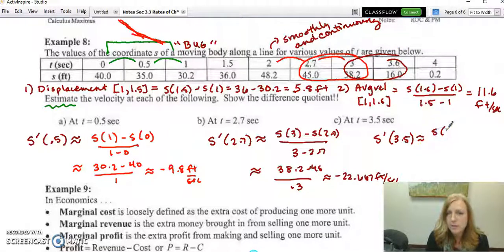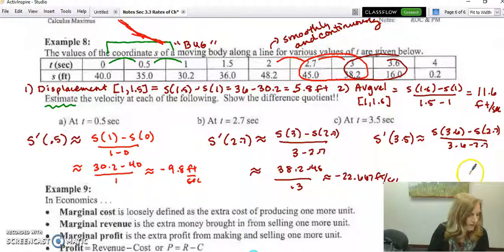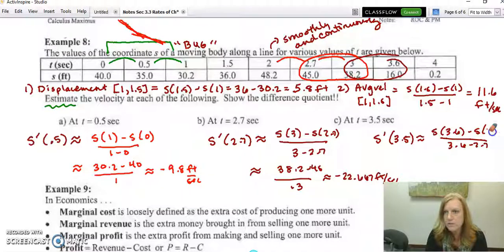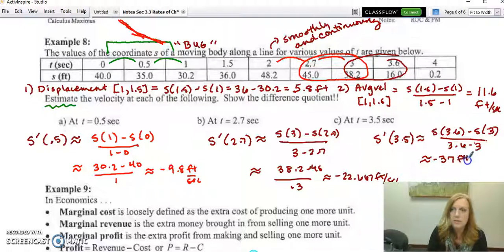We'll do S of 3.6 minus S of 3 over 3.6 minus 3. Making all sorts of errors on this one. In calculating that one, this ends up being approximately negative 37 feet per second. So you get that calculated.